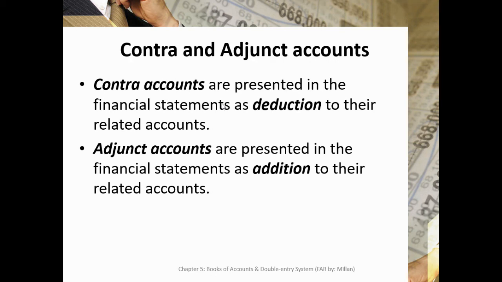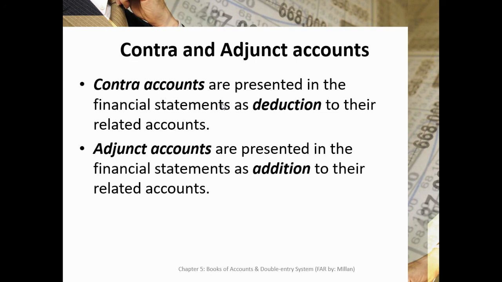So, another one. So, if an account has normal debit balance, its adjunct account has a normal debit balance. To debit a normal debit means to add. Pag adjunct naman is padagdag siya. Kailangan mong idagdag siya. So, on the other hand, if an account has a normal credit balance, its contra account has a normal debit balance. Pag contra account, basta tandaan mo, magkaiba sila ng normal balance.